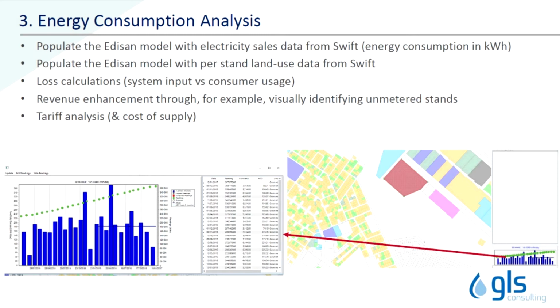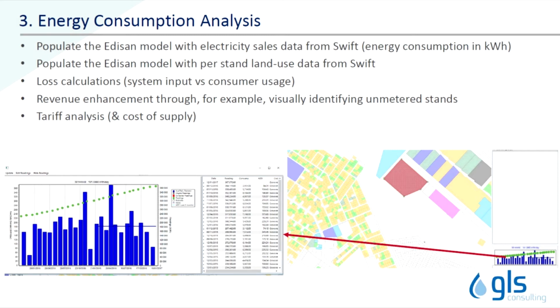So the way we do the geospatial network modeling is after taking the consumption and land use of each stand and importing it into the Edison model via Swift, we spatially tie each stand to its closest supply point, and this supply point depends on what level of modeling the user is doing. So you've got the choice to either map each stand to its closest low voltage kiosk, to its closest mini sub, or to its closest substation.